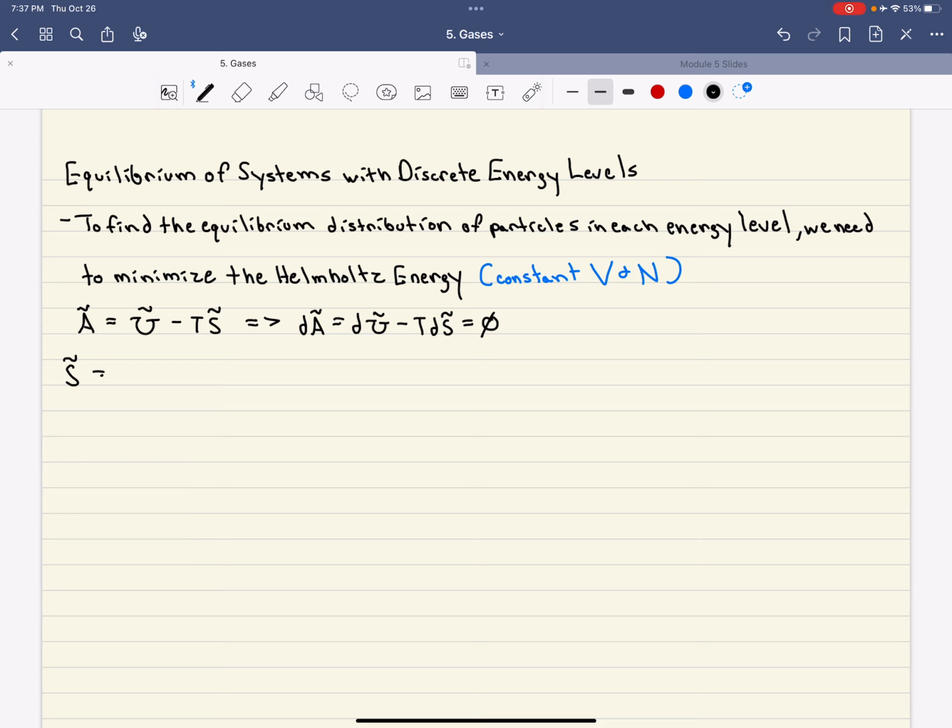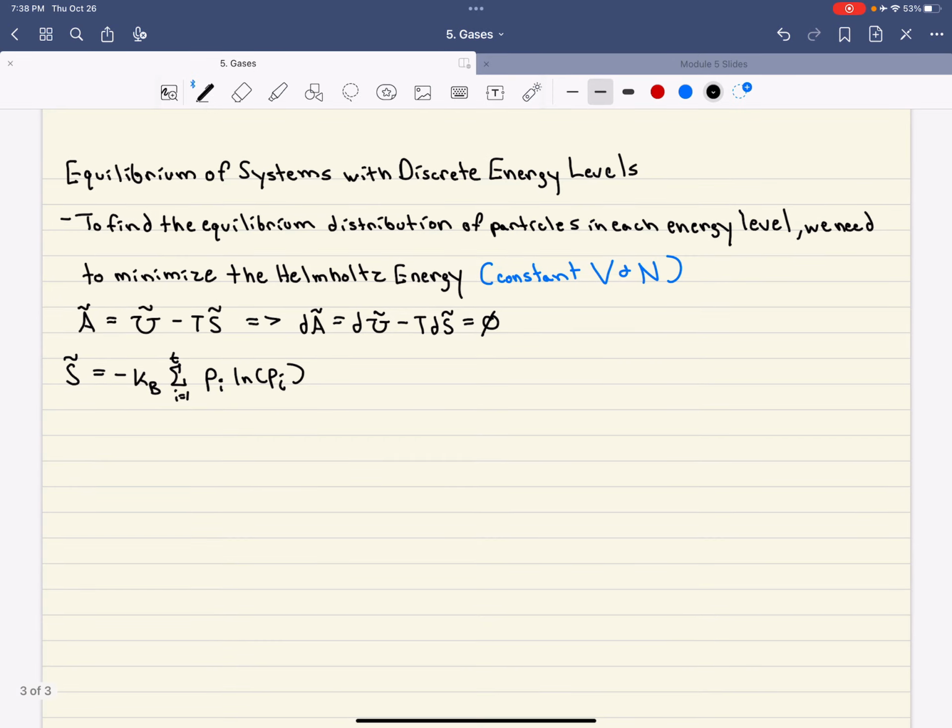And so here, the molar entropy is going to be equal to negative Kb times the summation from i equals 1 to t energy levels of the probability of a certain energy level times the natural log of pi. That's from the previous video.